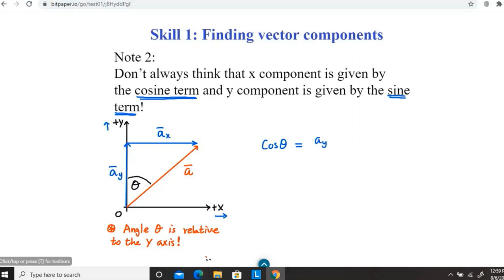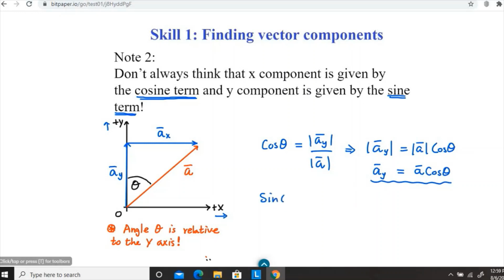So magnitude of ay vector over magnitude of the a vector. And then you can see the magnitude of ay is equal to magnitude of a vector times cosine theta. In terms of vectors, we can write it as vector a times cosine theta.